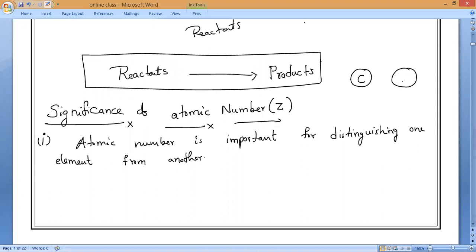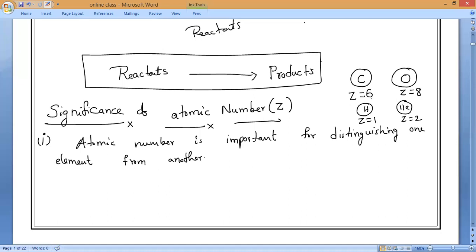Now tell me, carbon, how many protons? Atomic number is 6. Oxygen atomic number is 8. Like this, hydrogen's atomic number is 1.